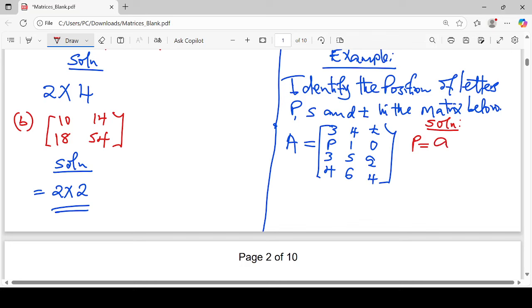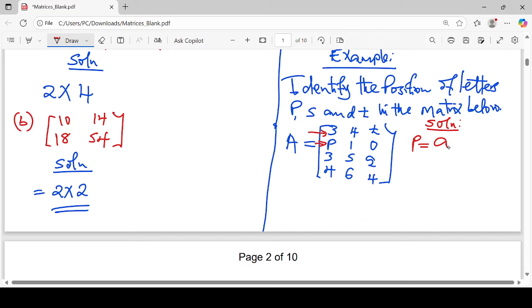Then when you look at element P, remember row by column. You start by row first, then column. This element P is in row number 2, because this is row 1, this is row 2.